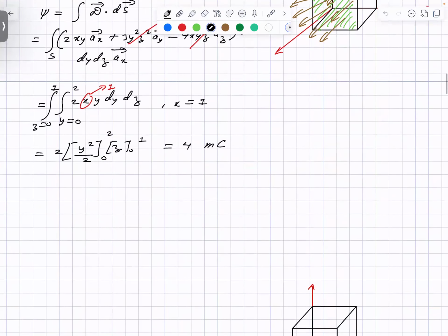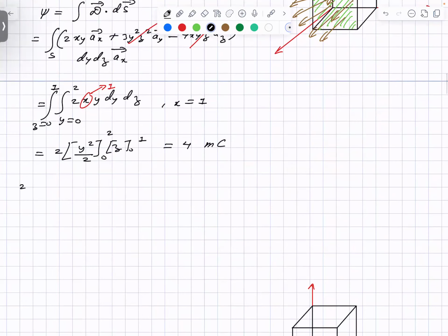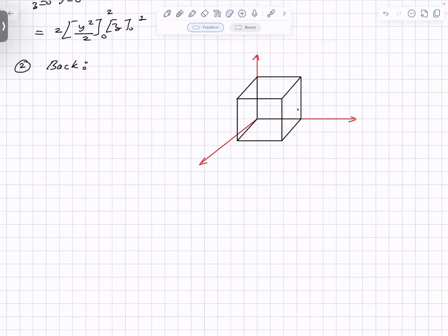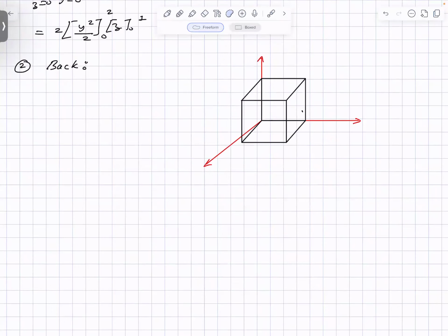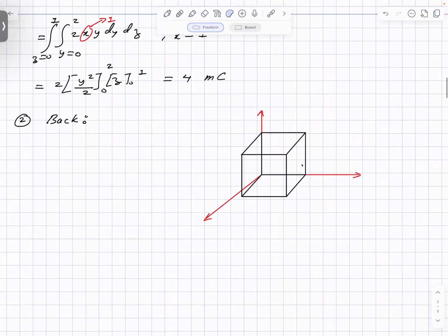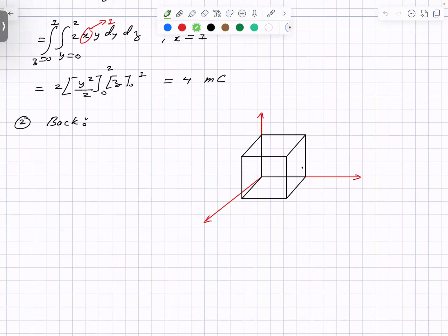That's the front surface. Now we'll similarly consider the back. So for the back, that means this surface.